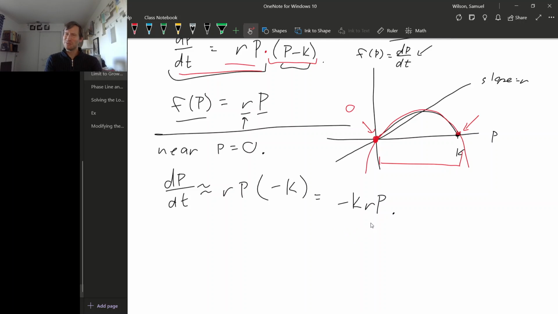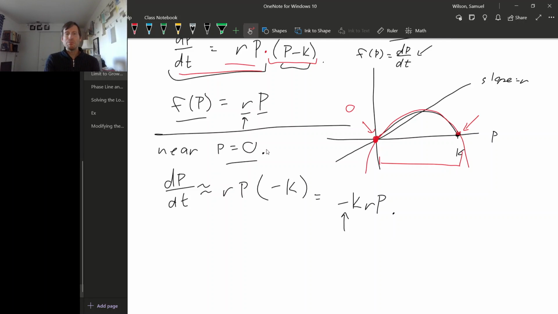But this isn't right, because what this is saying is that when the population is small, the population gets smaller because it has this negative growth rate. So that's backwards. When the population is small, the population should grow. The other problem is that when the population is small, the growth isn't restricted by the environment, really, because we're so far away from the carrying capacity. There are so few individuals, they don't really have to compete for resources very much.